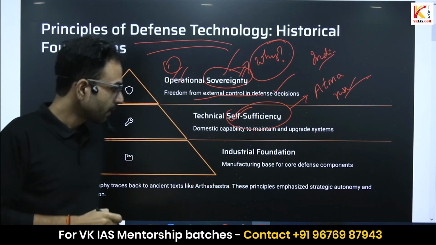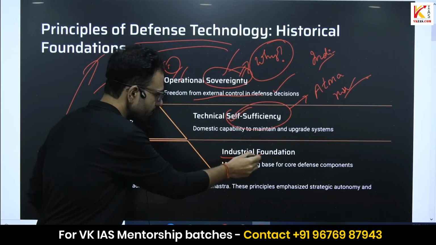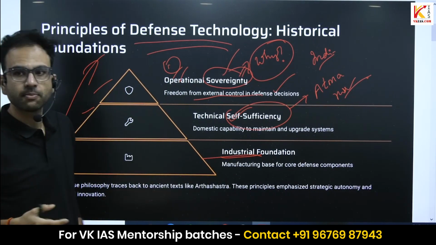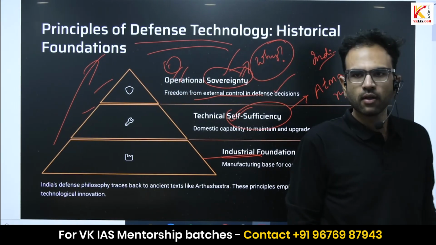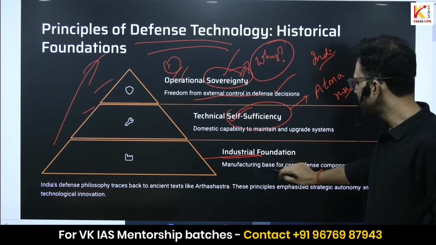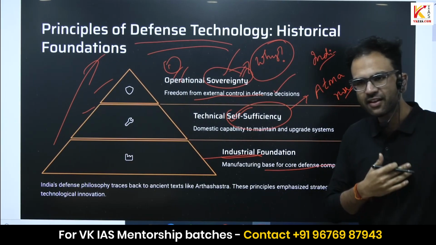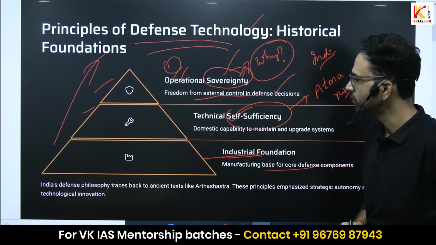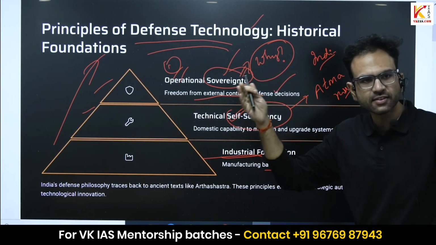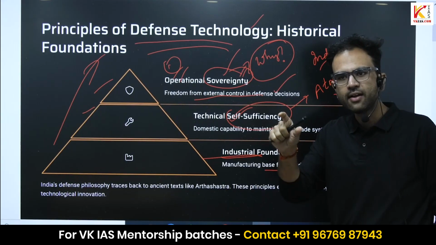So the third pillar that we have to focus on is industrial foundation, manufacturing, defense manufacturing in India. So these are the three basic needs or the principles of defense technology. As a matter of philosophy, these are the things that we need. So this will guide our needs.